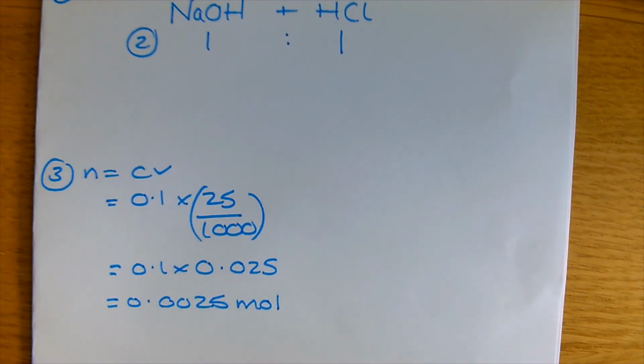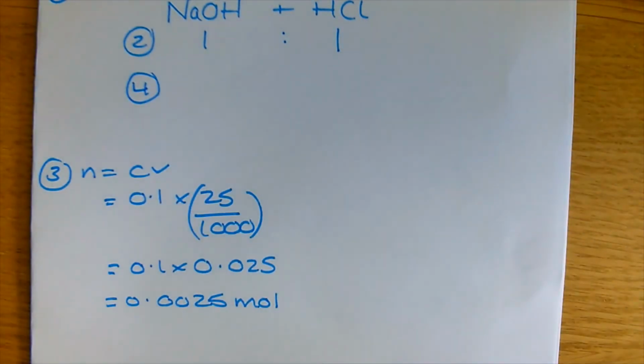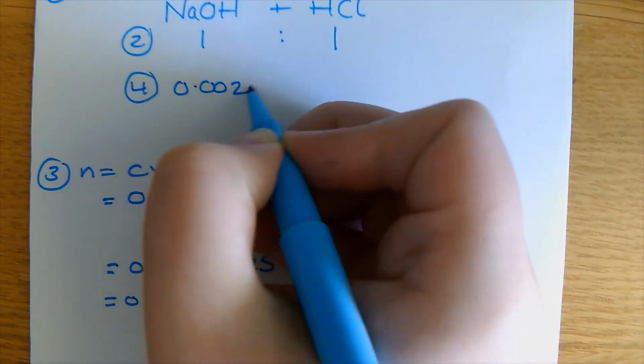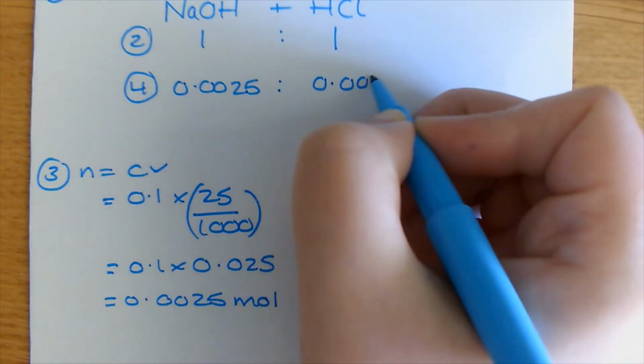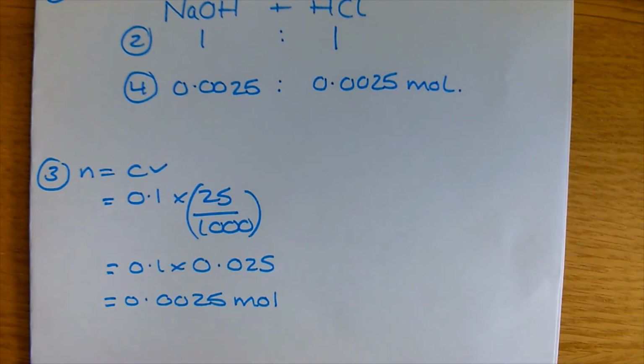So here we have calculated that we have 0.0025 moles of sodium hydroxide. We then bring this up to step 4 when we're calculating our mole ratio. It's a 1:1 ratio, so we have 0.0025 moles of hydrochloric acid as well.